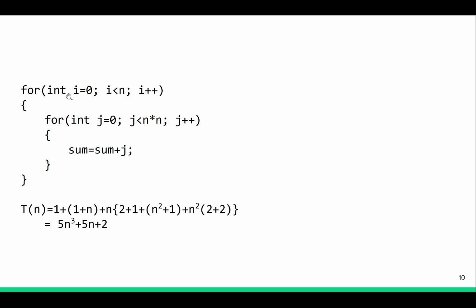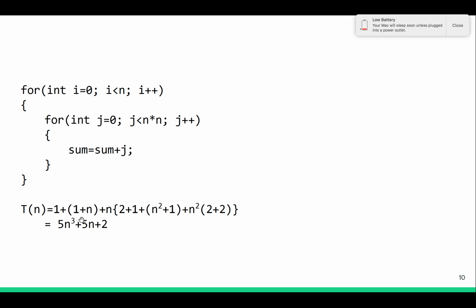Coming to the next example: int i = 0, i < n, i++, for int j = 0, j < n*n, j++, sum = sum + j. If you carefully look at the outer for loop, i = 0 will be running one time. i < n will be running n + 1 times, because n times it will be successful, and the n + 1th time it will fail.